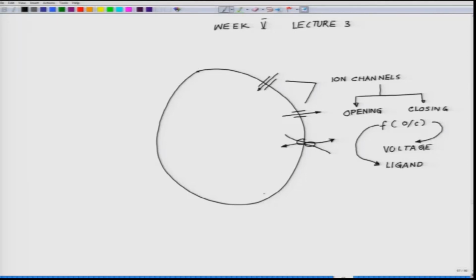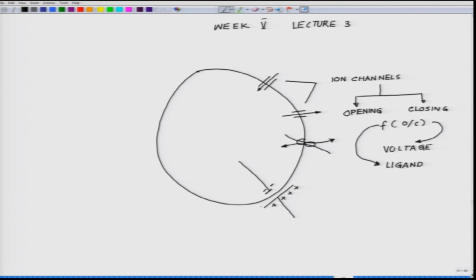say for example, we know that with respect to inside, outside is more positive. So, you can represent it as a battery, right? This is the negative, and this is how the membrane looks.